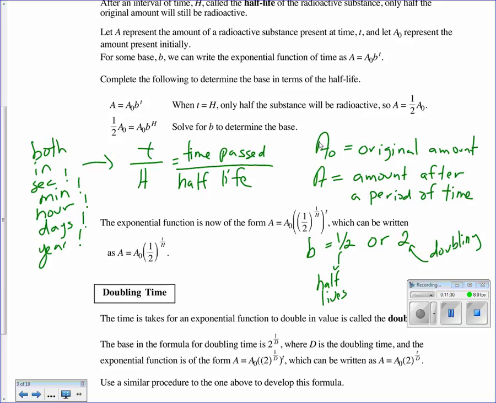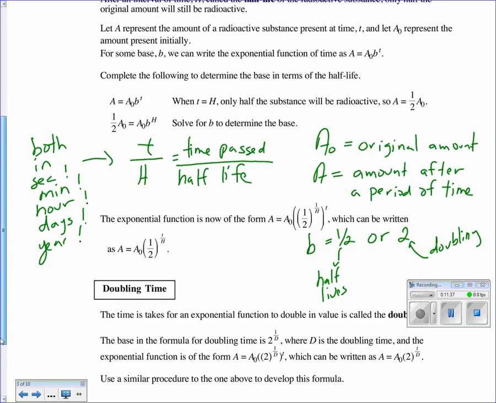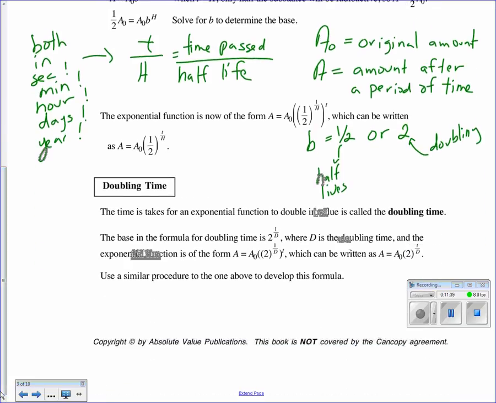The other formula instead of an H has a D for doubling time. So if you go down a little bit, that same formula is presented, but here I have a D, which is doubling time.